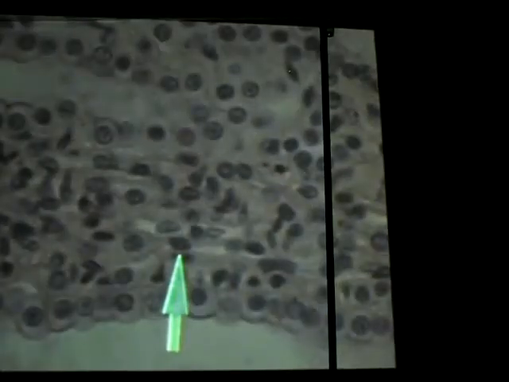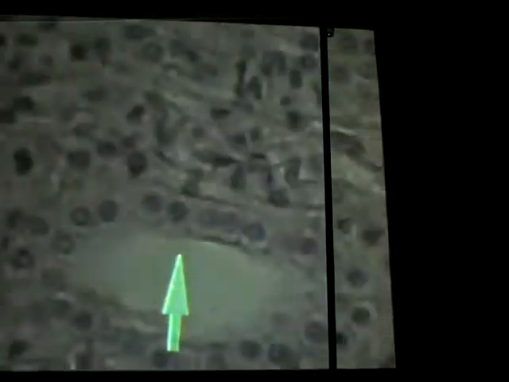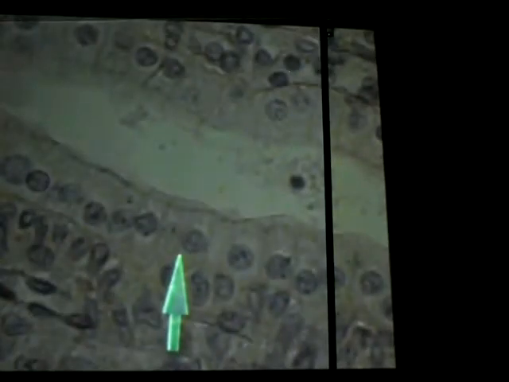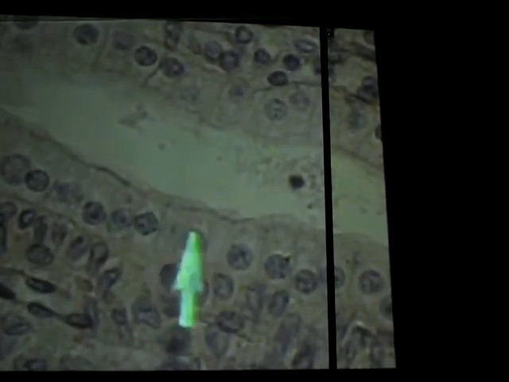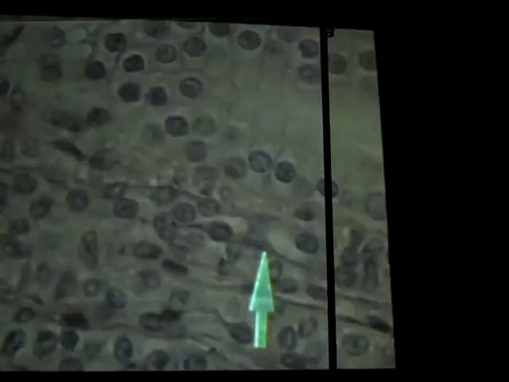You'll notice the cells are getting a little bit longer as you move towards the papilla until they start to look more like simple columnar. Again you have these very distinct lateral borders between the cells. So those would be your collecting ducts.